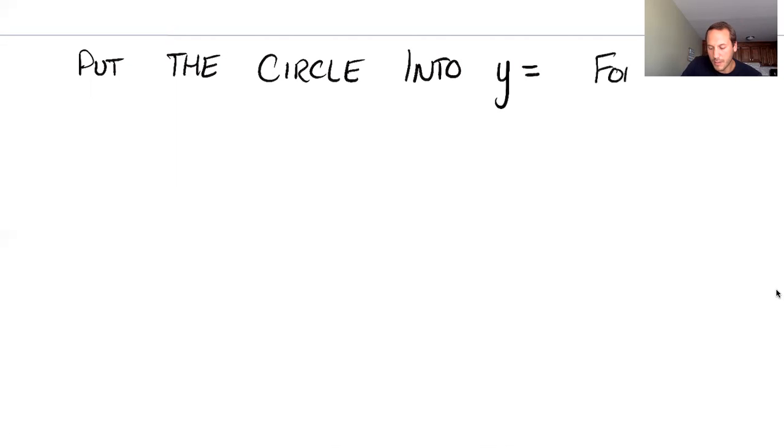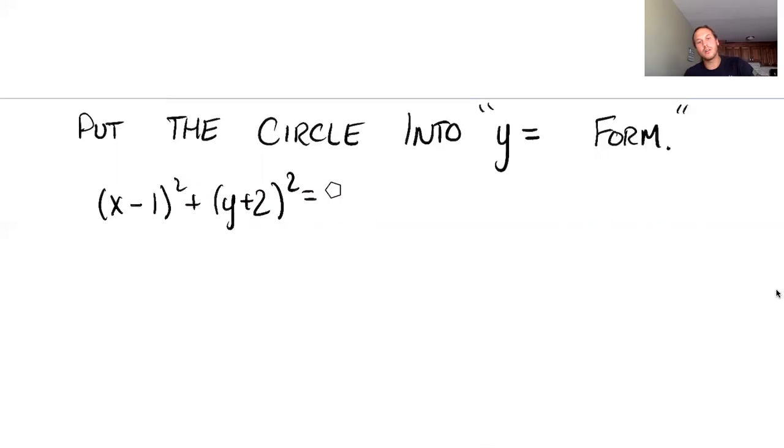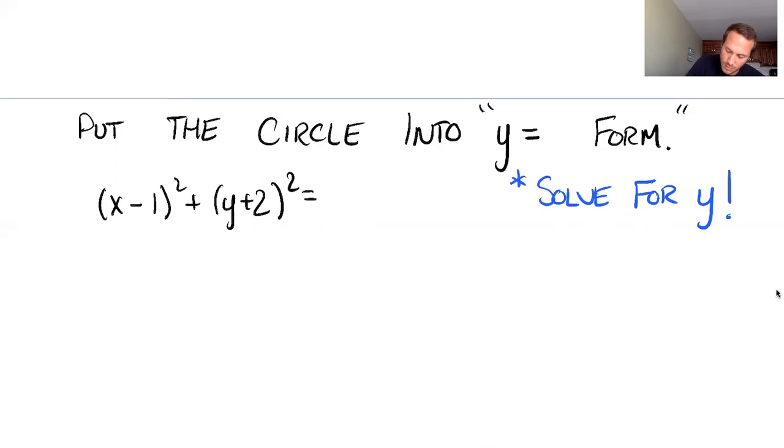Now, if the question ever asks you to put the circle into y equals form, okay, what that means is we're going to have our circle, which was x minus 1 squared plus y plus 2 squared is equal to 9. And we're going to look to solve for y, okay?